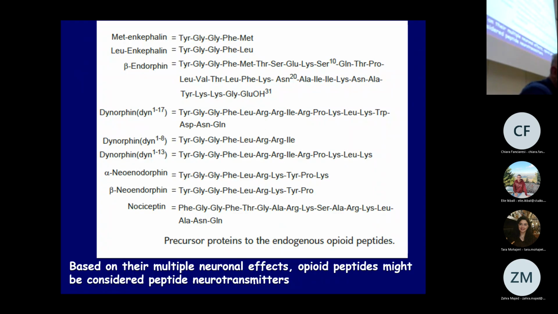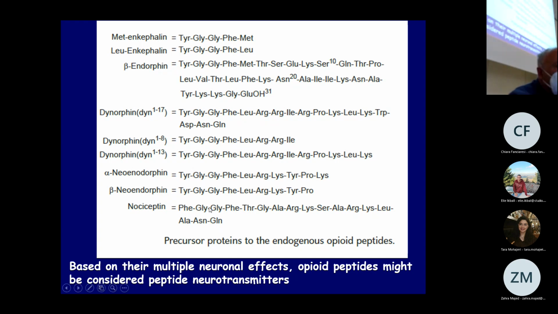Here you can see a lot, not all, several precursors of these two peptides. These precursors represent the family of endorphins.